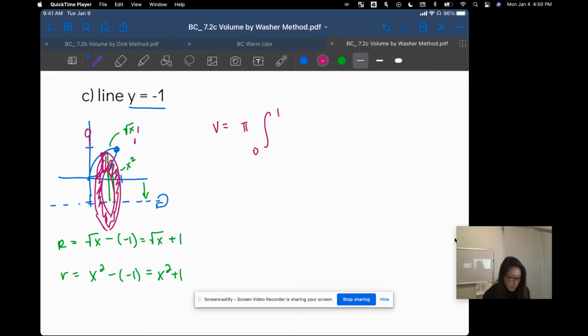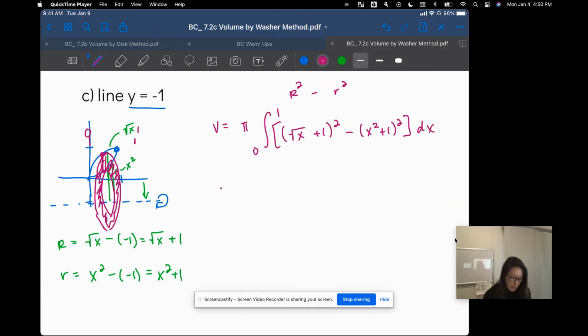I wrote those in weird spots, sorry. Of the big R minus little r, both of those values squared. Okay, so big R is the square root of x plus 1 squared minus little r is x squared plus 1 squared. And we're taking the whole antiderivative of that.